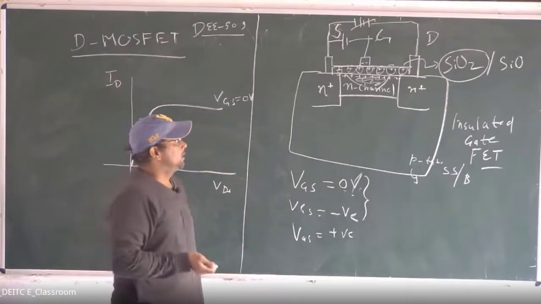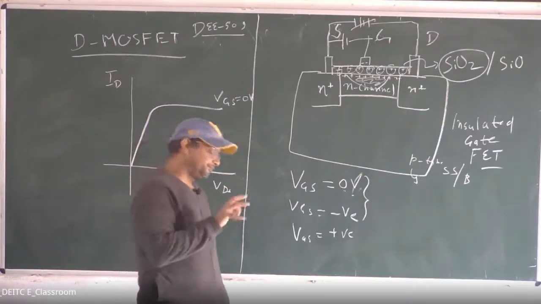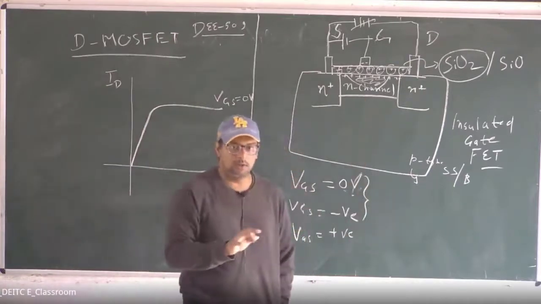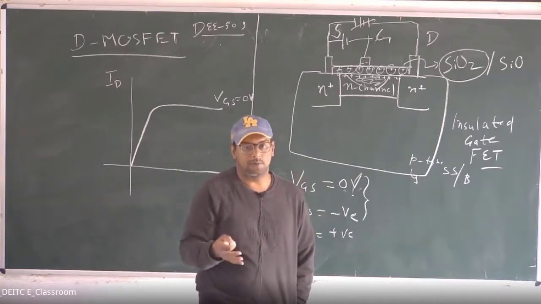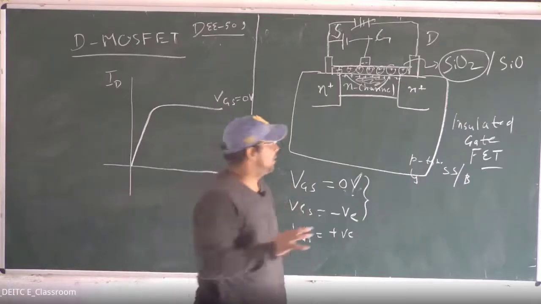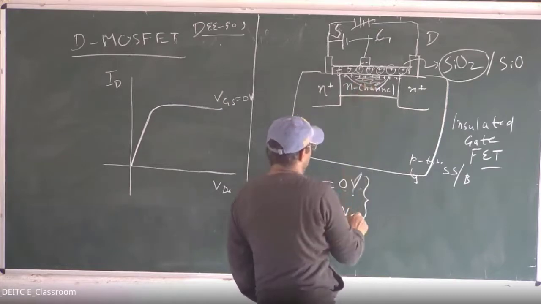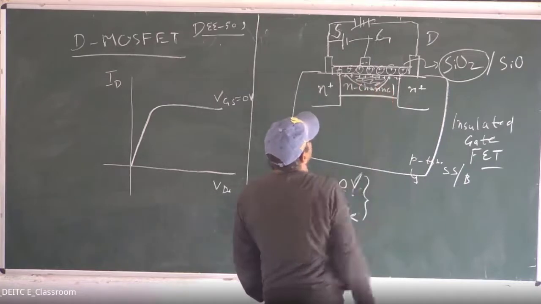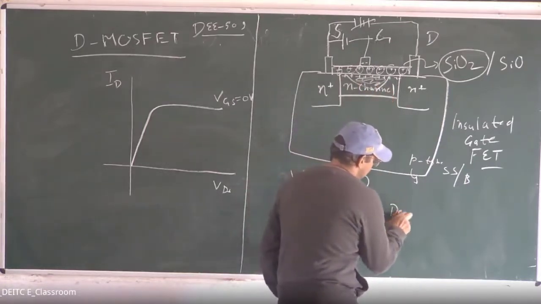Definitely this phenomenon will take place and the electrons will recombine. How this polarization is taking place and how this induction of positive charges is taking place, we have already discussed in the previous lecture. Okay. So what we need to understand here is that when we have applied this negative voltage, there will be some depletion region. At this moment the depletion region will increase.